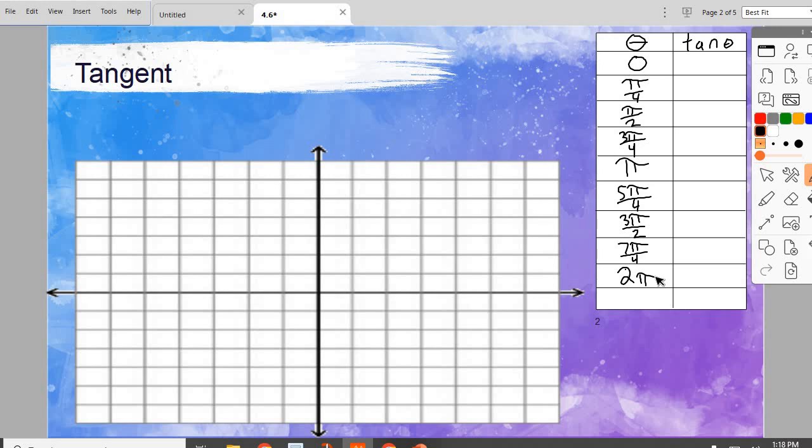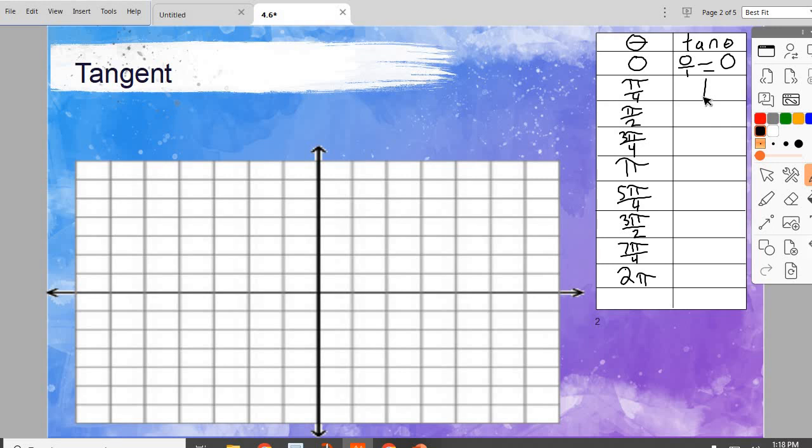So what ratio do we get? 0 divided by 1, which is also 0. Okay. Now, at pi over 4, we said that both sine and cosine are square root of 2 over 2. So if I divide those, what are we going to get? Just 1. So that's nice.